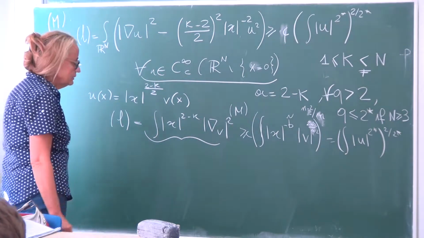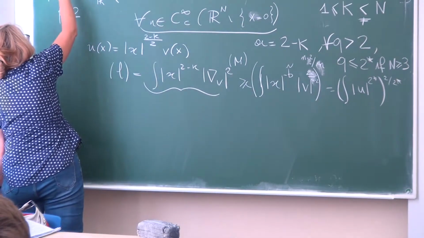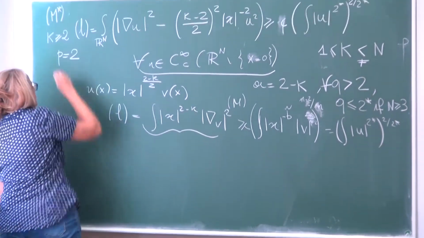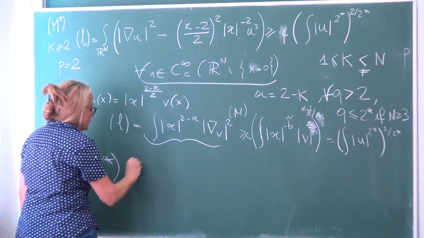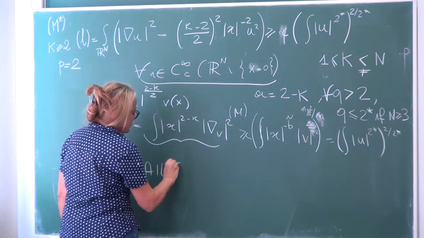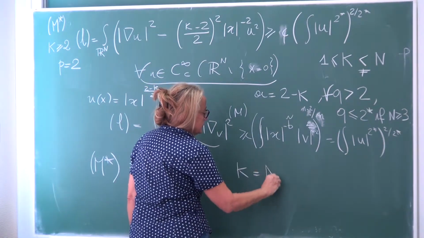I have to mention two important facts. The first is that an inequality like Musina star fails for k equals n.